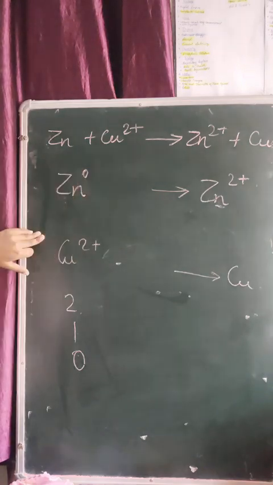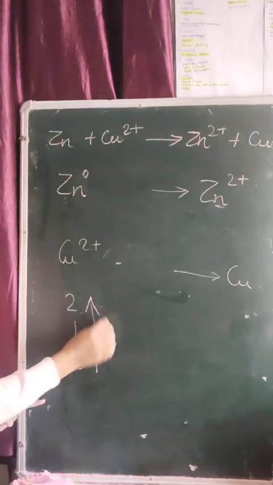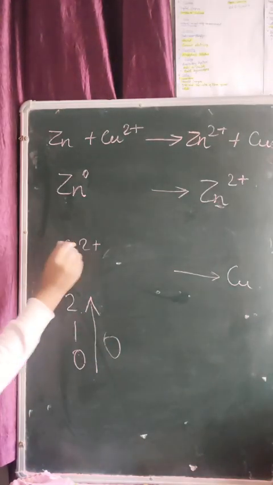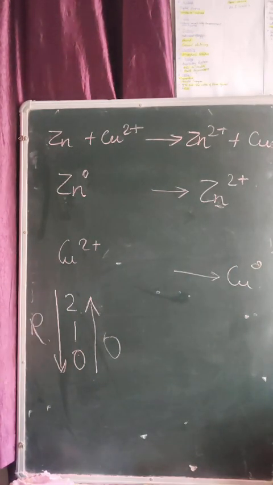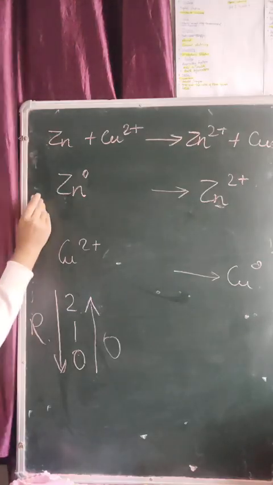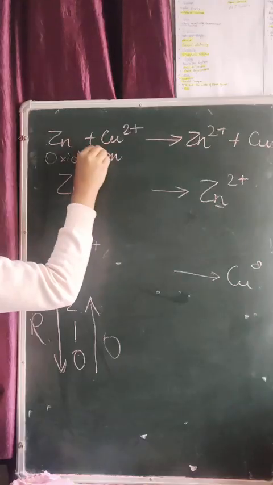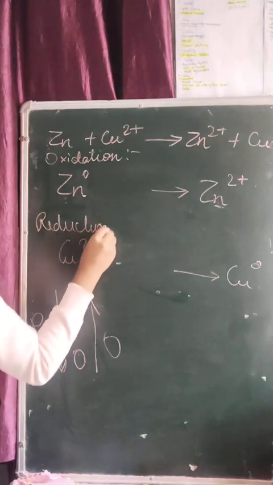Here nothing means 0, so 0 to 2. It is going up, and up means oxidation. From 2 to nothing means 0, going down, so reduction. So this is oxidation and this is reduction.